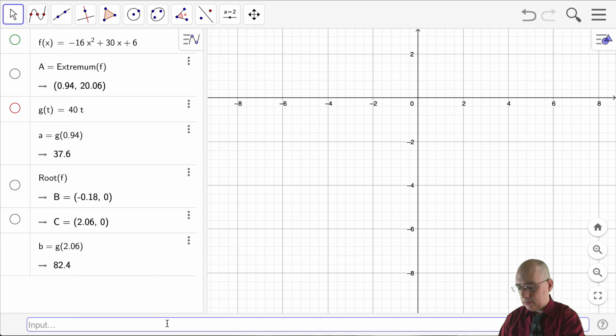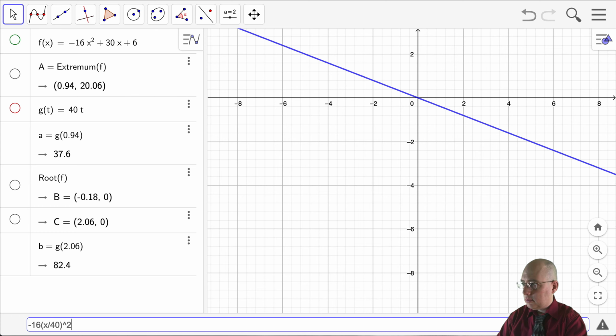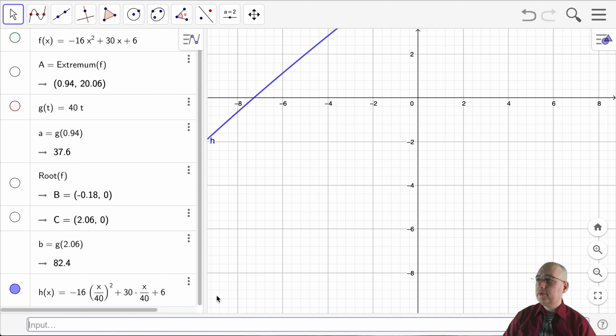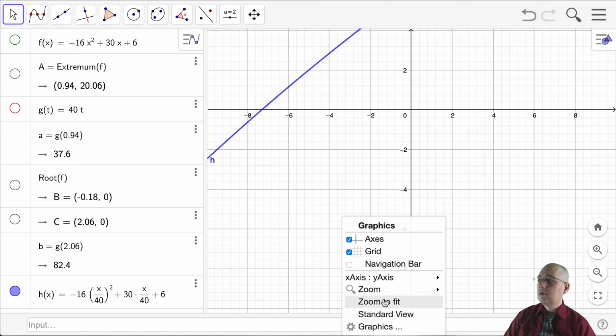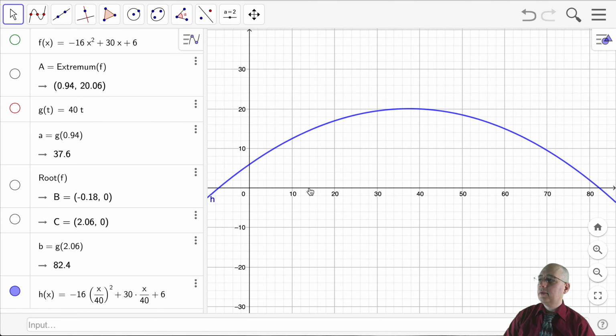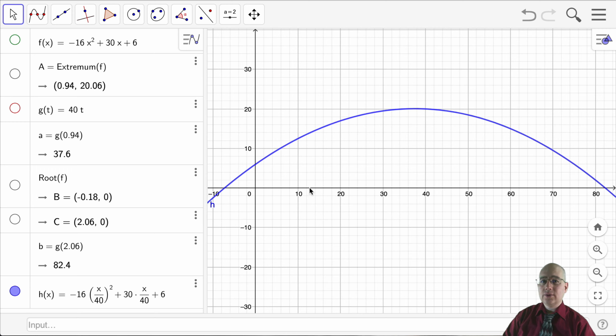So I claimed that if I plugged in x over 40 squared plus 30 times x over 40 plus 6, that would give me a trajectory. Okay, zoom to 15. This is the actual xy trajectory. So this is time stripped out of the equation.